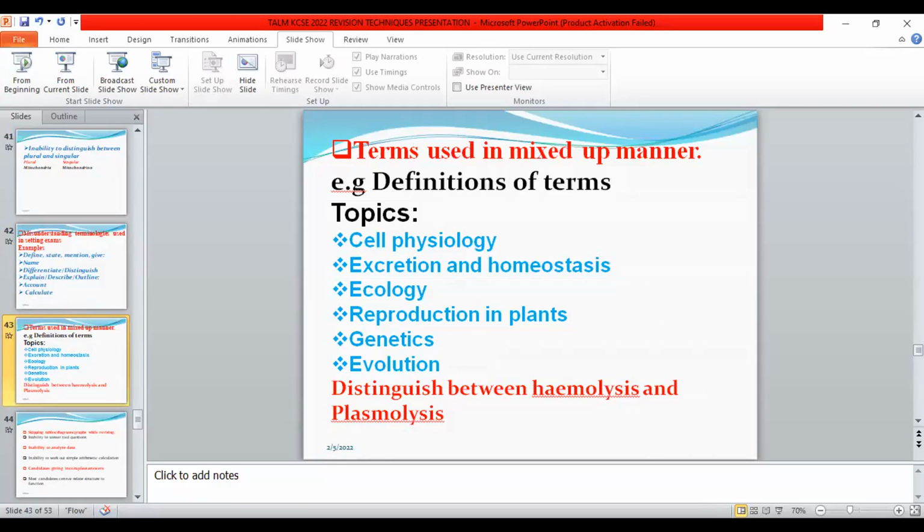Another topic is excretion and homeostasis. Students will not distinguish between excretion, secretion, and ingestion. Then we have ecology. We have all those terminologies, ecosystem. Then we have population and many others. Reproduction in plants, especially on the terminologies that are used in describing flowers.